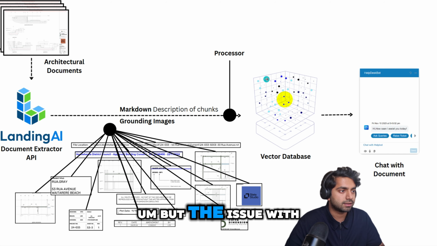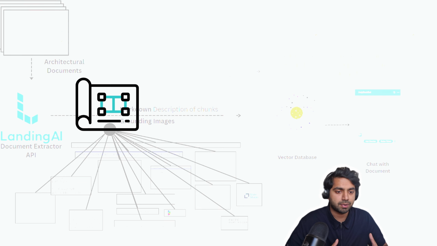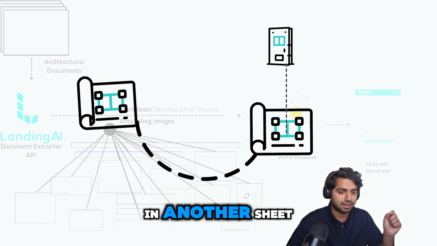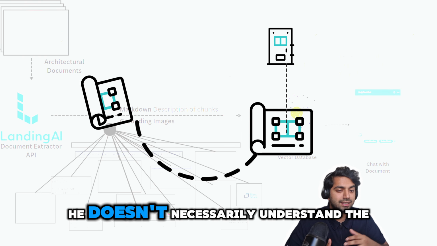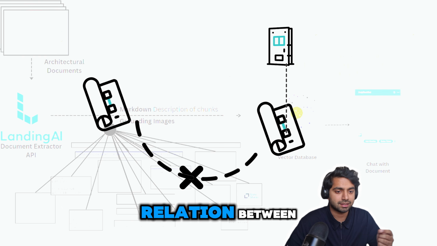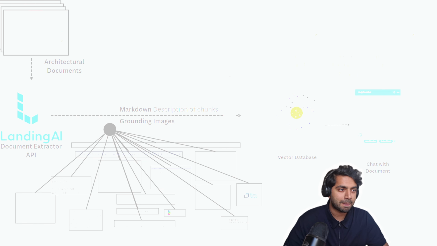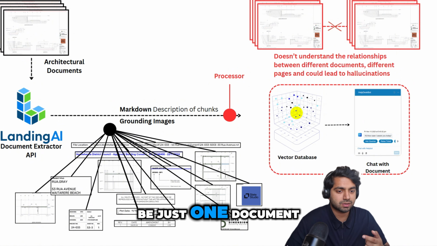But the issue with this is, let's say there is a plan in one of your sheets, and you're referencing a certain element in another sheet. It doesn't necessarily understand the relation between this element and that plan. Also, it won't be just one document.